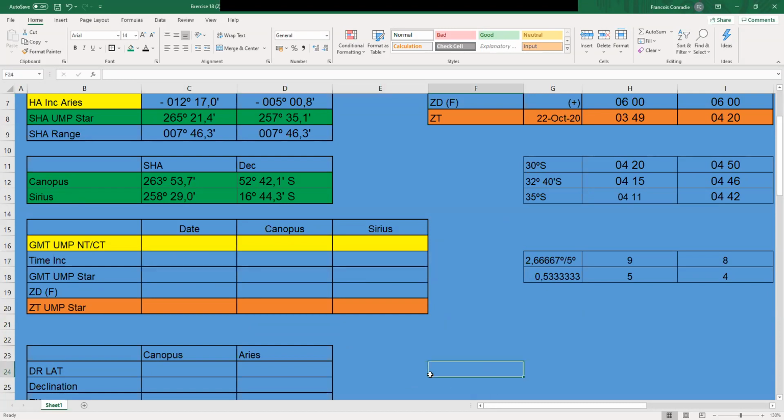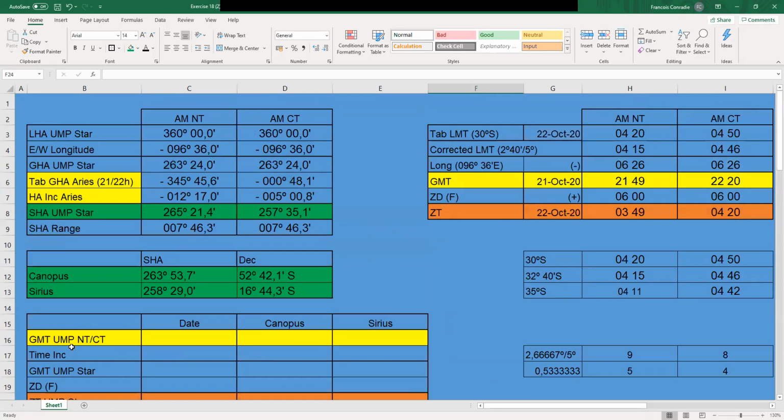Now, the first thing we've got to do is say the GMT. We're going to start off with the GMT for Upper Meridian Passage at nautical and civil twilight. Very important: when we start this off, we are not going to start at 2100 like we did before, because when we calculated the SHA, we included the increment already.